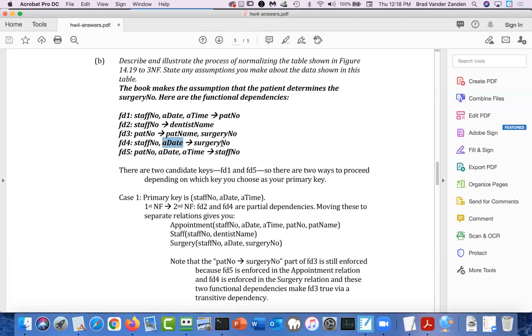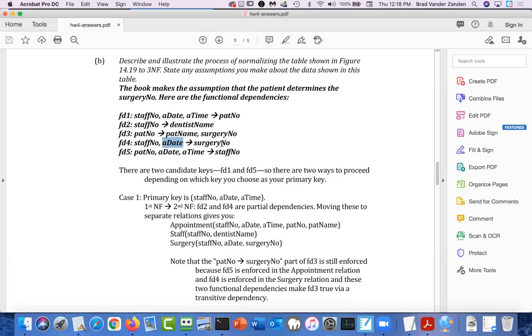The staff could have 2 different surgery numbers on the same day? No. So the book, one of the assumptions, either the book or my assumption, said that a dentist on any given day was assigned to exactly 1 surgery number, which is a clinic.